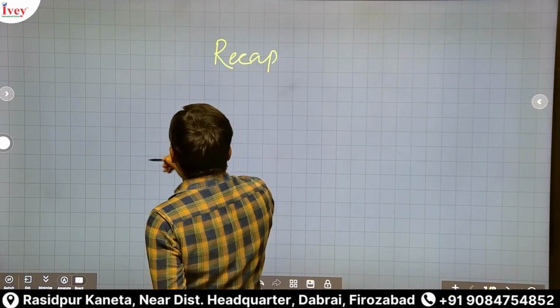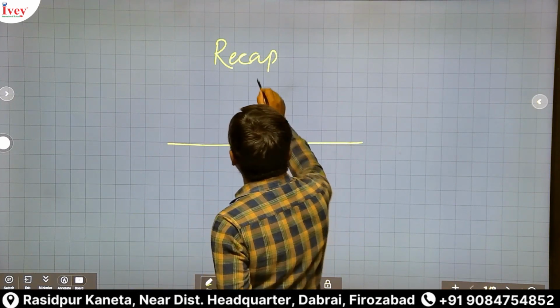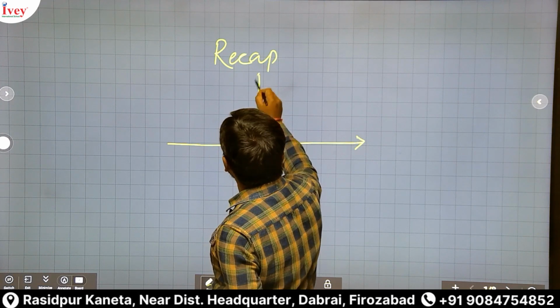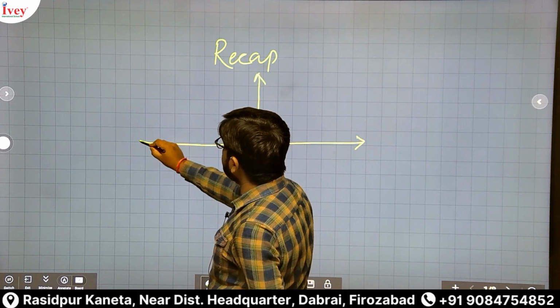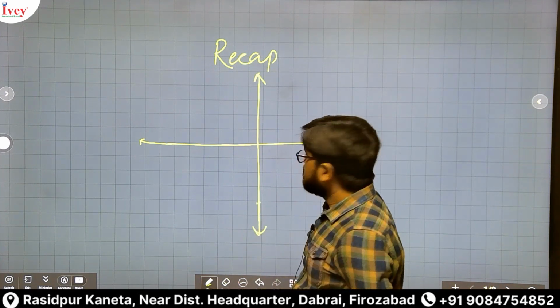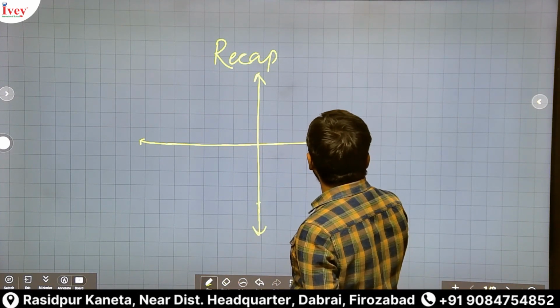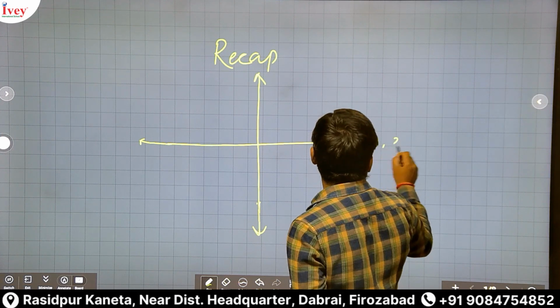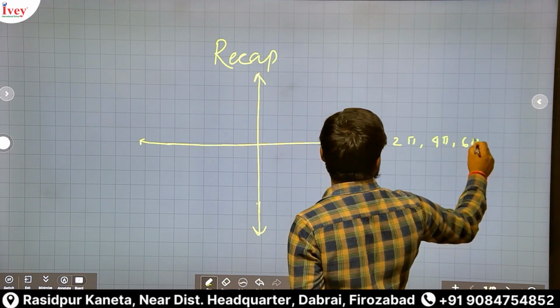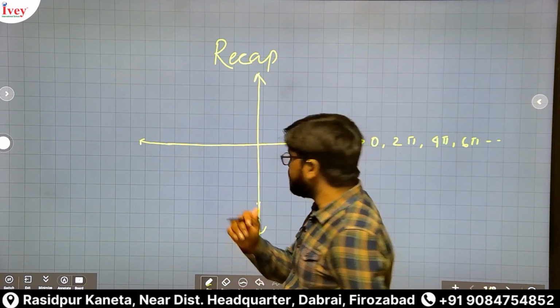In the previous video we learned the angles associated with the positive direction of the x-axis, the positive direction of the y-axis, the negative direction of the x-axis, and the negative direction of the y-axis, right? In the positive direction of the x-axis the angles were 0, 2 pi, 4 pi, 6 pi and so on. This means any even multiple of pi, right?